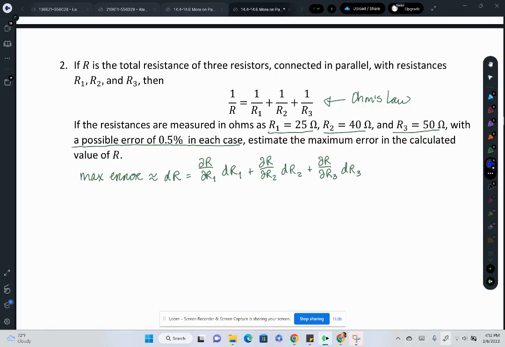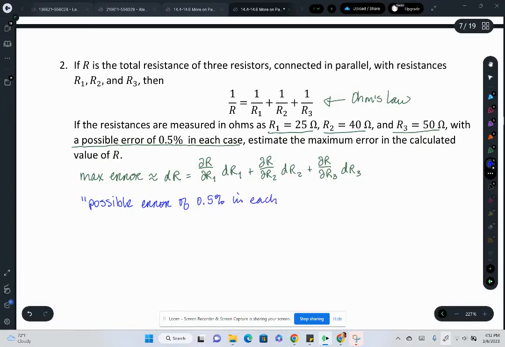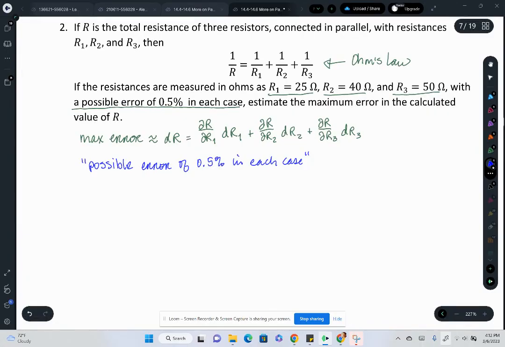So first, I want to deal with this possible error of 0.5% in each case. So they're talking about the error in measuring the individual resistors. And so what that means is that the possible error is the d's. So we're looking at dR1.